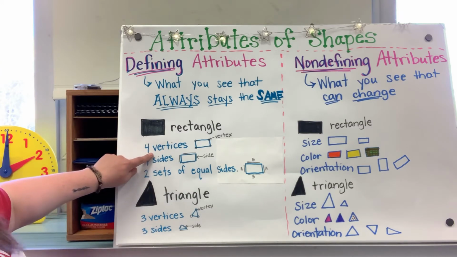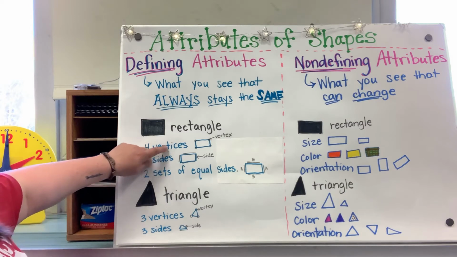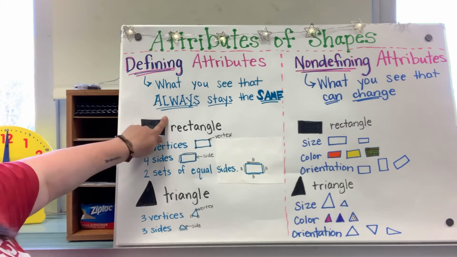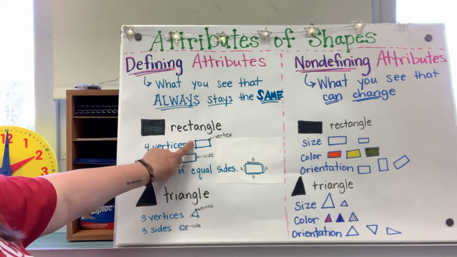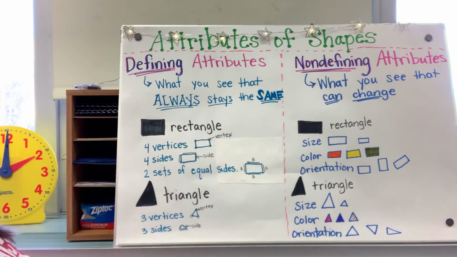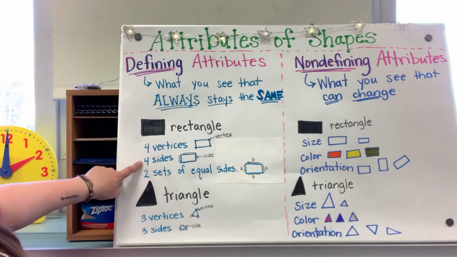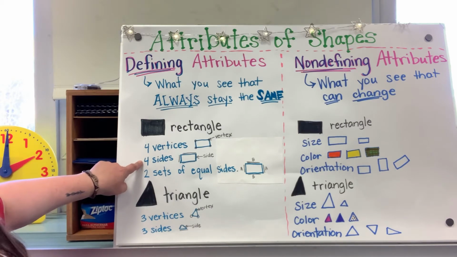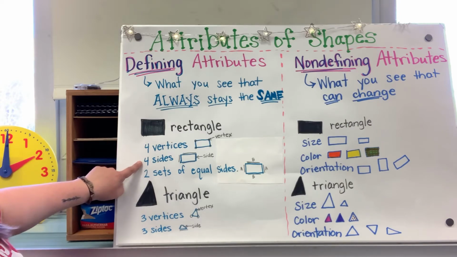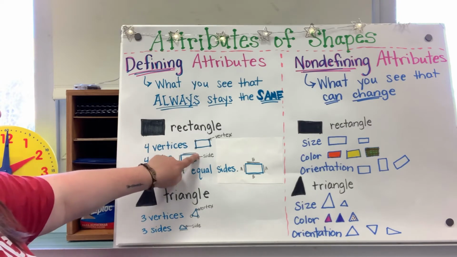they have 4 vertices. Remember, vertices are the corners. There are 4 of them. They're marked here. 1, 2, 3, 4. There are also going to be 4 sides. Every rectangle is going to have 4 sides. 1, 2, 3, 4.